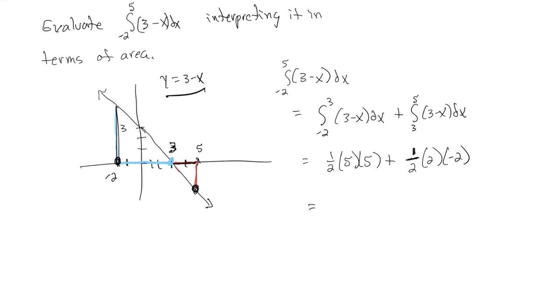So let's see what we get: 25 halves, and this is going to be -1. So that's 25 halves minus 2 halves, which gives me 23 halves as the value of the integral from -2 to 5 of 3 minus x dx.